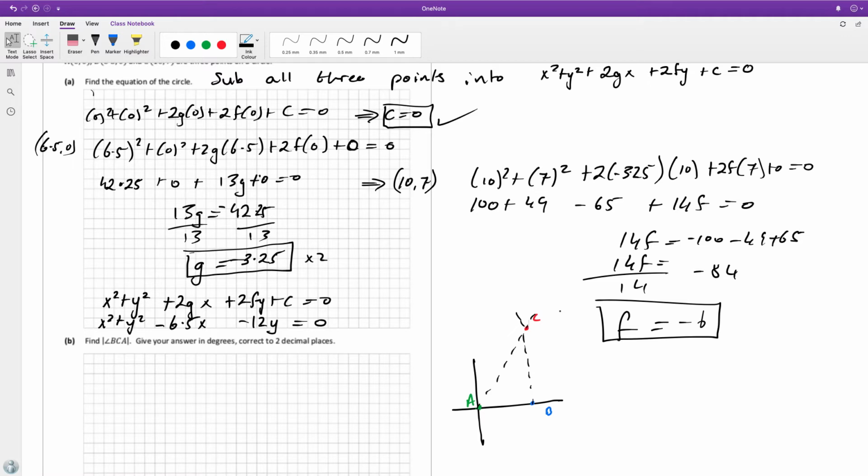Always handy before geometry, draw yourself a little sketch. Yeah, exactly. They want us to find the angle BCA. So what you have here is a line, and what you have here is a line. They want you to get the angle between 2 lines, and they have a formula for that.